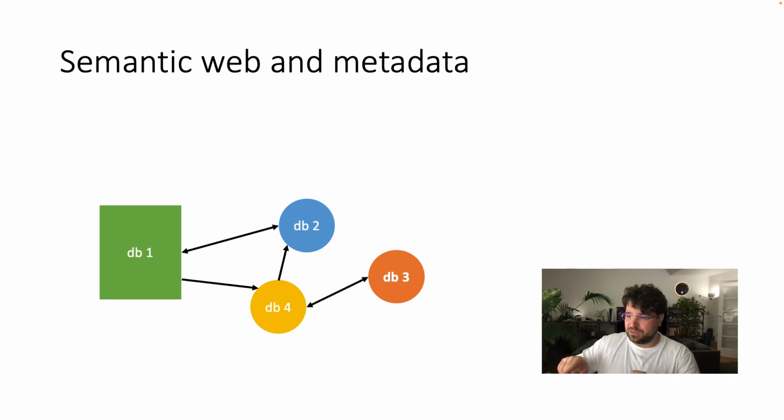We also look into database 4, but we're not that interested in it. There are these interconnections, and thanks to the semantic web, I might even reach information from database 3 without knowing about it, simply because database 2 is connected with it.